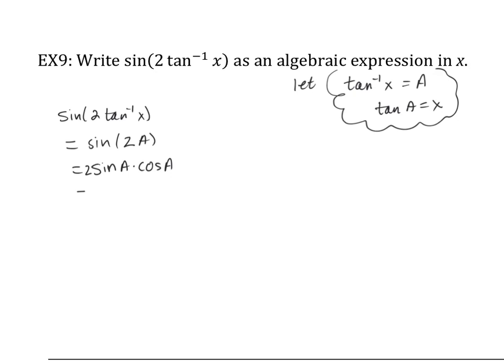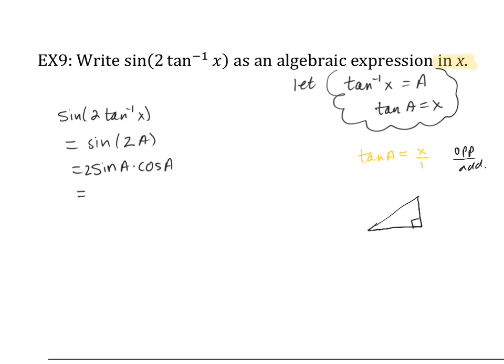Okay, you ready to stop? Well, we can't quite yet, right? Because we are still trying to get this in terms of x, but we have all these a's here. So let's come back over here and think about what it means for tangent of a to be equal to x. I can write that as x over 1, and tangent is opposite over adjacent. So I'm going to draw myself a little picture.